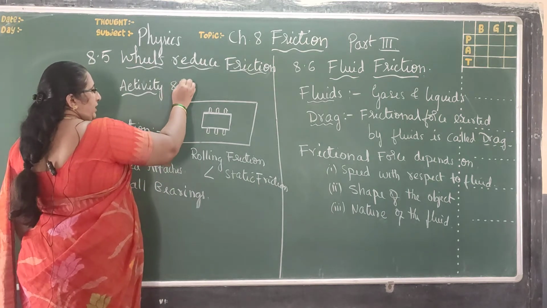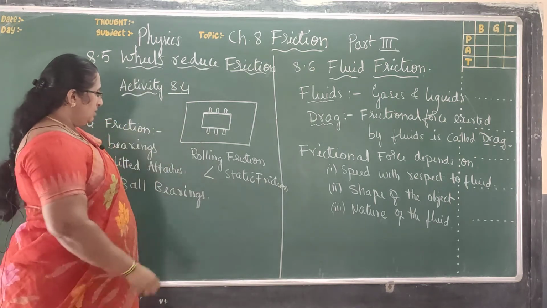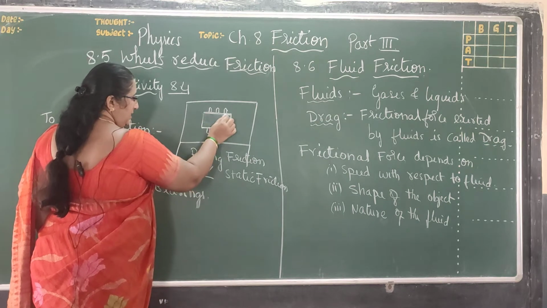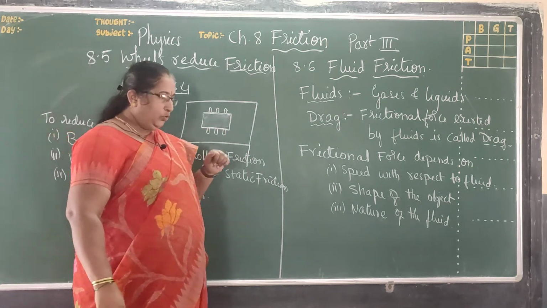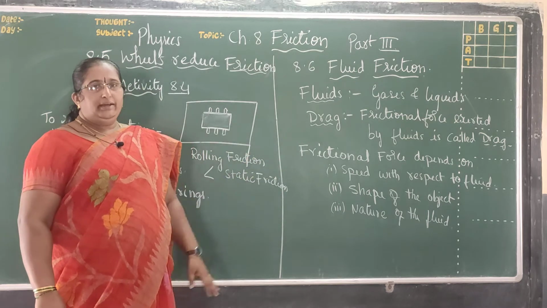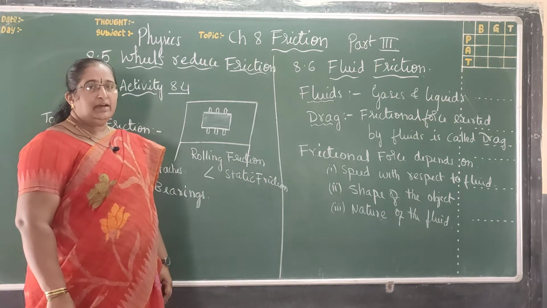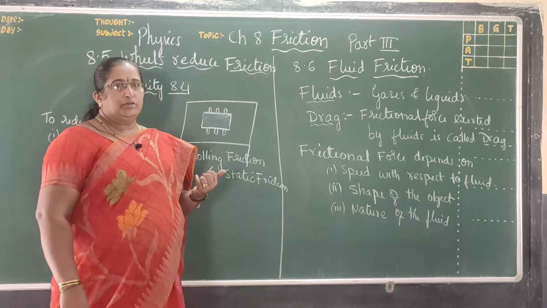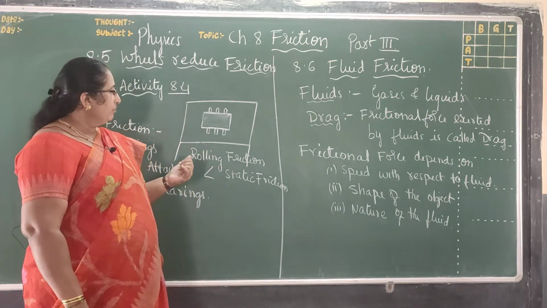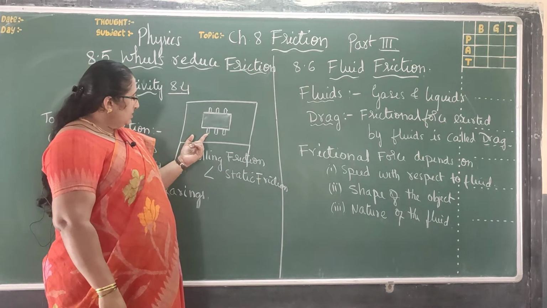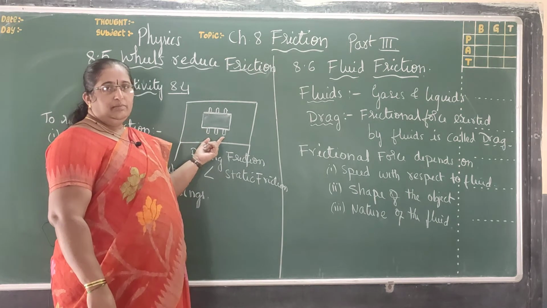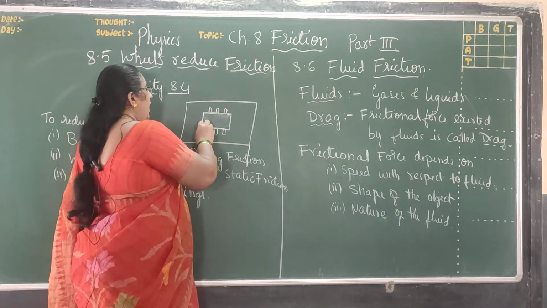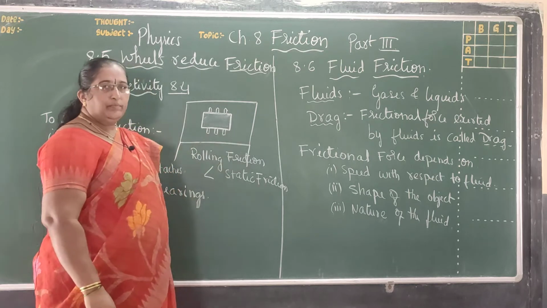8.4. So activity 8.4: on a table, let us first slide a notebook. You push one notebook on a table and measure the frictional force offered by the surface of the table on the book. Then later you place 3 rounded pencils on the table, place the book on them and push the book.